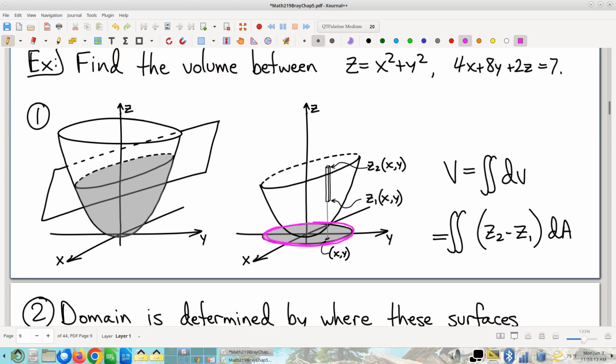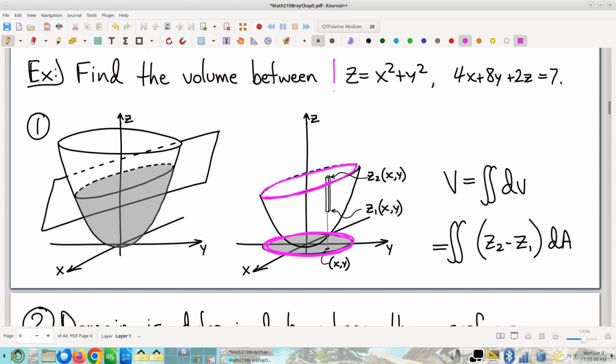If I want to understand that curve that bounds my domain, you'll notice it quickly comes from where these two surfaces intersect. Those two surfaces intersect when both equations are satisfied. Everybody with me so far? Cool. Now let me show you the landmine that a lot of students step on.